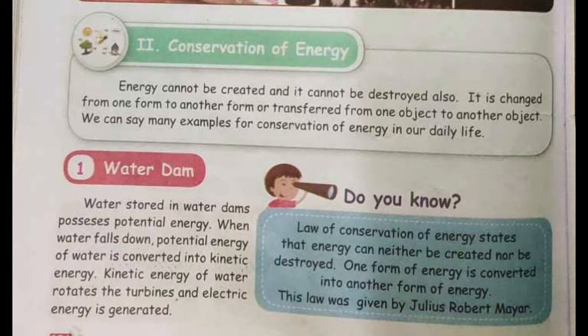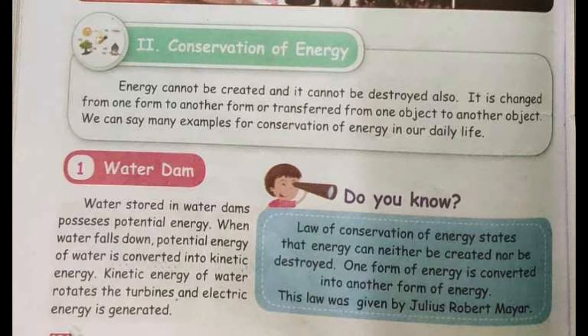Energy cannot be created and it cannot be destroyed also, but it is changed from one form to another form or transferred from one object to another object. We can say many examples of conservation of energy in our daily life. Do you know, children, this law was given by Julius Robert Mayer.